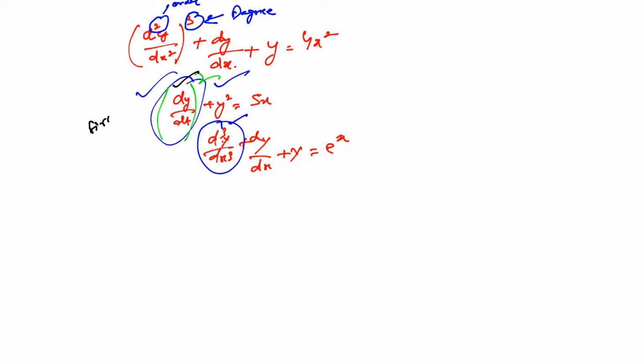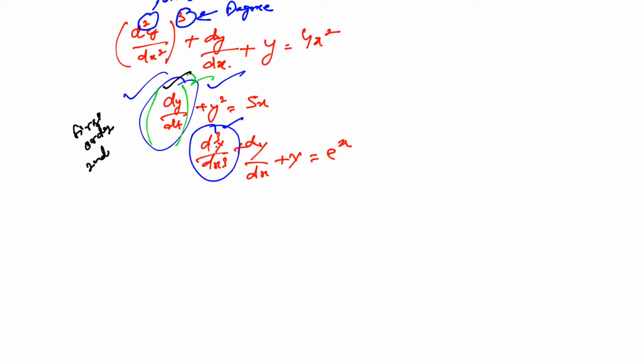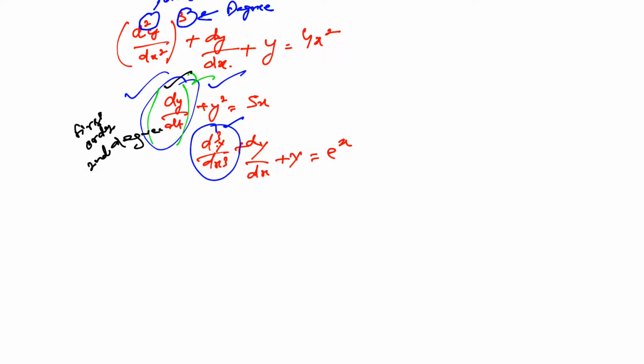That is first order because of dy by dt only, and second degree because the highest derivative has the exponent 2.